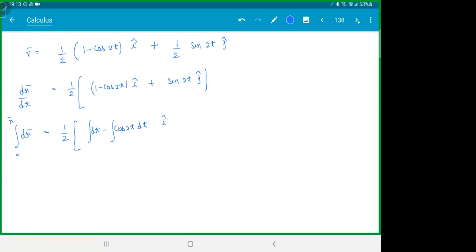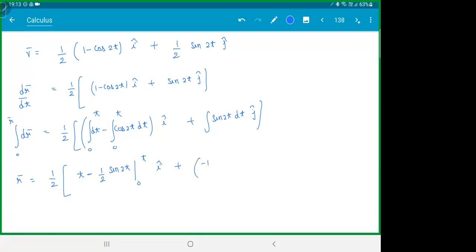Integral of this whole setup is I cap. Again, don't forget 0 to t, plus integral sine 2t dt ka j cap. So this will give out to be r bar. This will be half into the whole thing, dt will be t only, limit 0 to t. Cos 2t ka integration is half sine 2t, limits 0 to t, I cap, plus this guy will be again minus half cos 2t, 0 to t, j cap, again half.